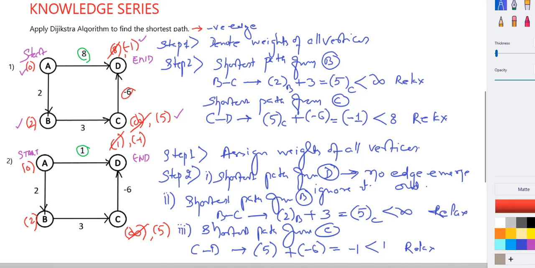Sometimes it will not work properly. So because of the negative weights, if the network is not getting solved by Dijkstra's algorithm, then the alternate solution is the Bellman-Ford algorithm. So we will discuss the Bellman-Ford algorithm next.